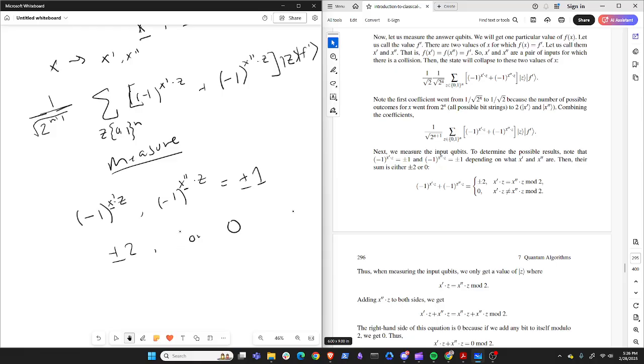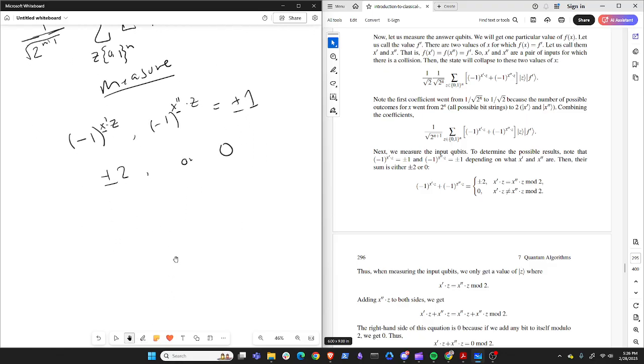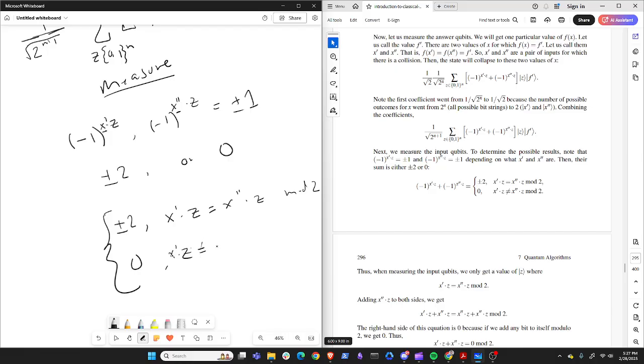So either we have plus or minus 2, where x prime dot product with z does equal x double prime dot product with z, mod 2, or the sum equals 0 when x prime dot product with z does not equal x double prime dot product with z.